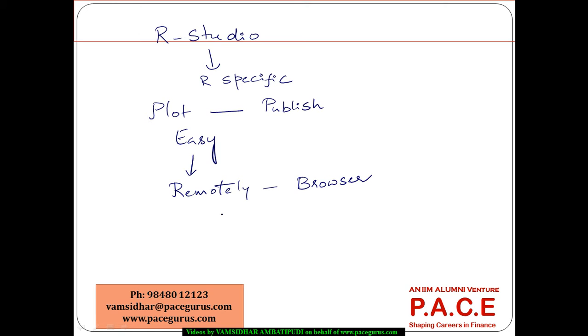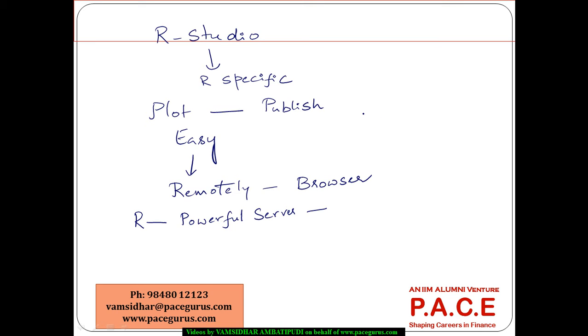Which means you can actually run R on some powerful server. You can run the program on a powerful server, and you can very well access it remotely through a browser. That is the wonderful facility that it carries without losing any kind of computational power. So that's the advantage that it draws.